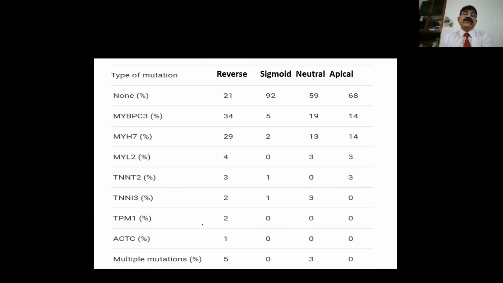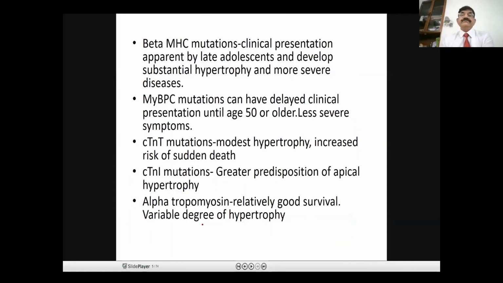There are multiple sarcomere protein mutations, and all you have to remember is that the myosin heavy chain or myosin light chain or myosin binding protein are the commonest ones for reverse curvature. And we wouldn't go any further in this detail. There are some more things which have to be said about mutations.